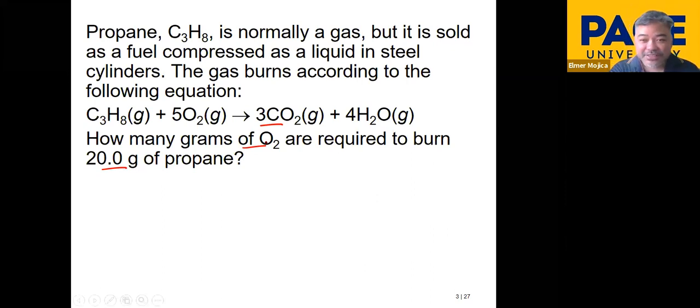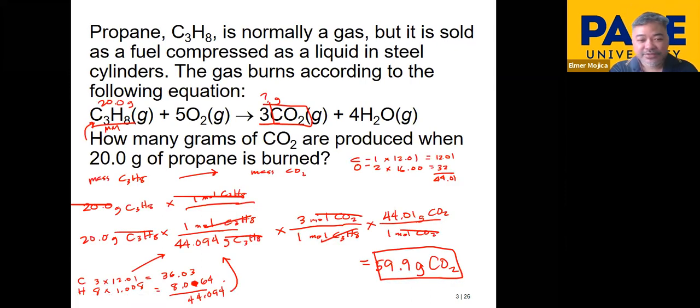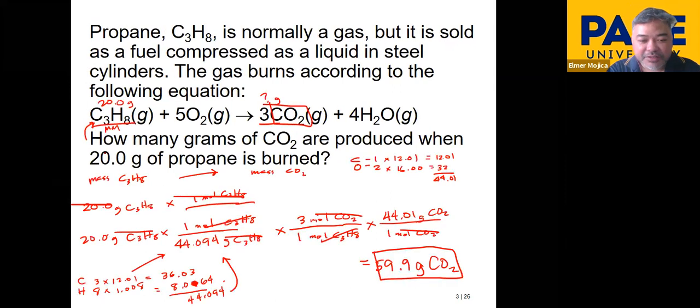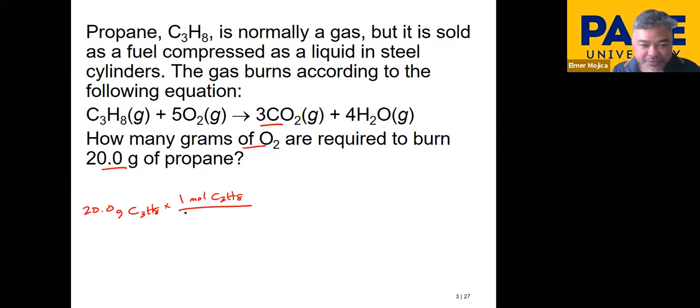So you will start the same thing as this one. Okay, I have the 20 grams, just like earlier, C3H8, and then for every 1 mole of C3H8, I divide it with the molar mass of C3H8, which we found to be 44.094.